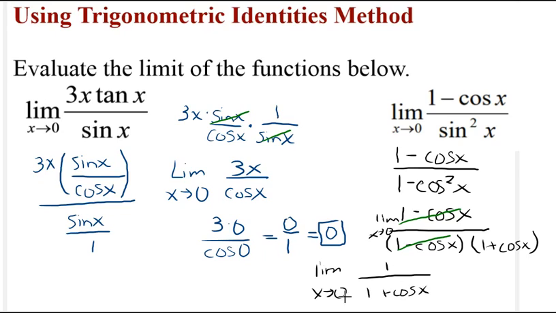So now if I actually substitute in 0, remember earlier we said cosine of 0 is 1. So therefore I'd have 1 divided by 1 plus 1, which would be 1/2. And that is it for evaluating limits algebraically.